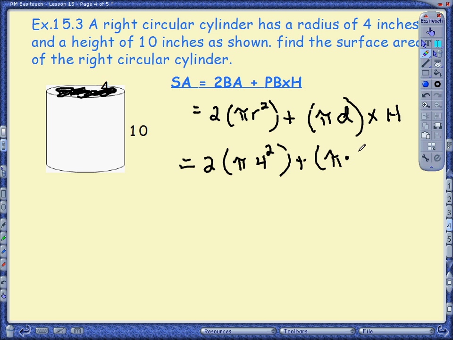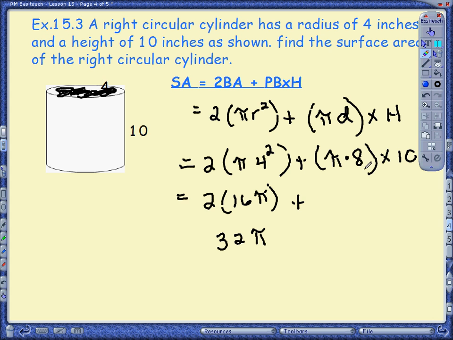The radius is 4. We multiply the radius by 2 to get the diameter, and the height is 10. So we're going to have 2. 4 times 4 is 16 pi. 2 times 16 is 32 pi. And here we're going to have 8 pi times 10. 8 times 10 is 80.